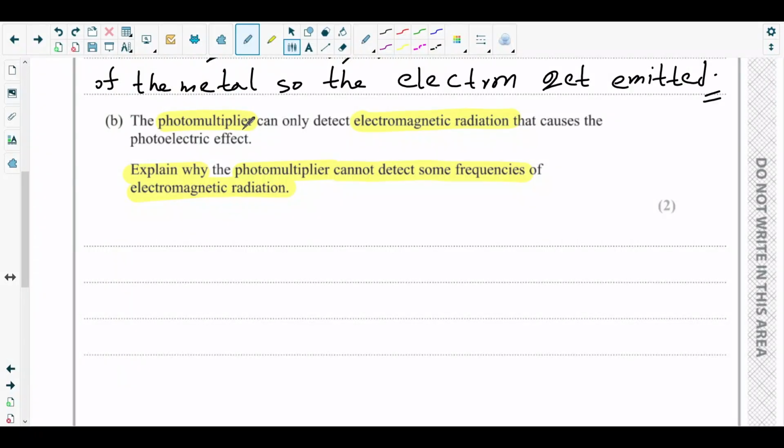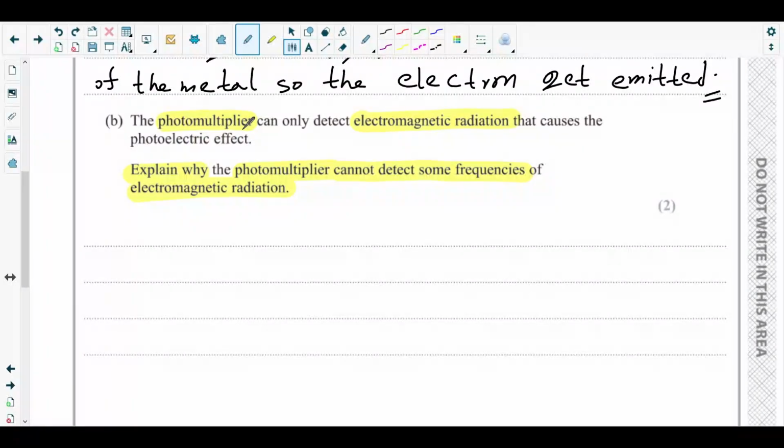We know that for the photoelectric effect to happen, there is a minimum energy that the electron should gain, which is basically the work function amount of energy. So not all EM radiation has photon energy greater than the work function of the metal plate, and that's why not all EM radiation can make the photoelectric effect happen.